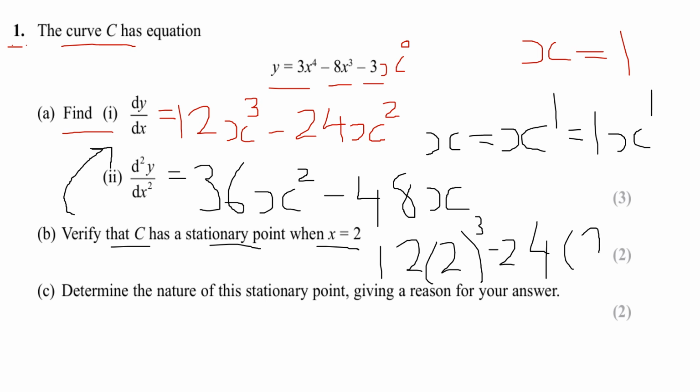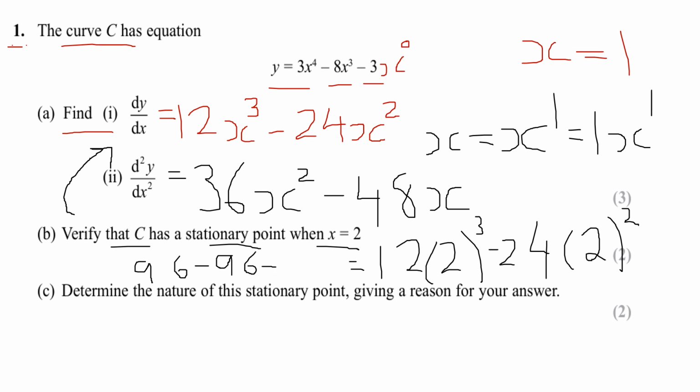Remember to apply big maths here: do your indices first, or just use your calculator. 2 cubed is 8, times 12 makes 96. 2 squared makes 4, times minus 24 makes minus 96. Double check it again if you're unsure.